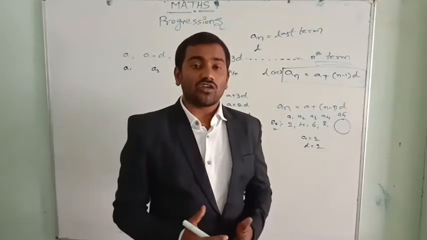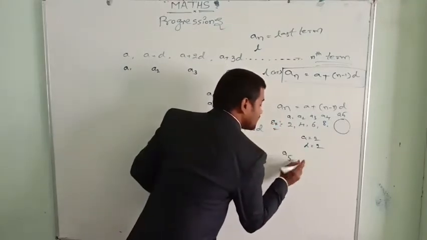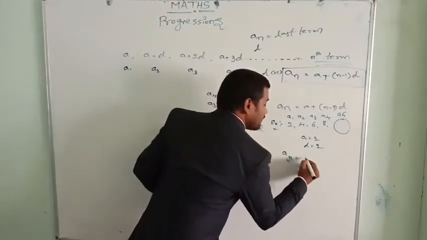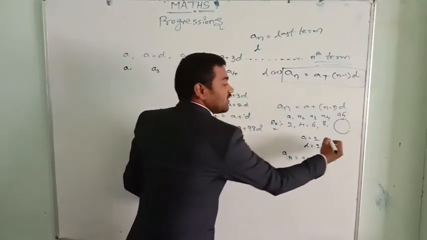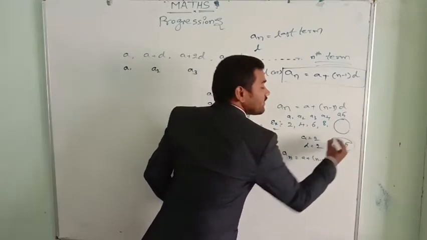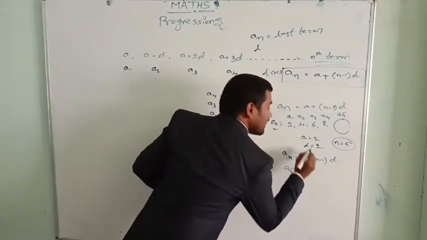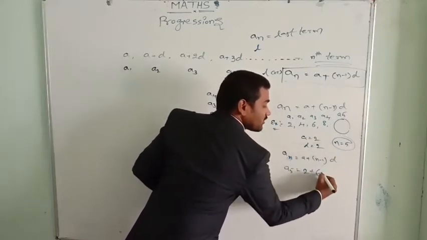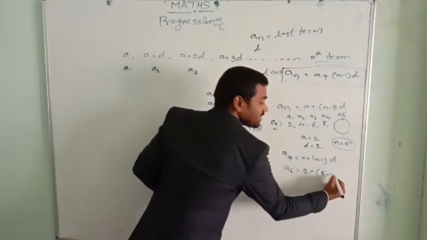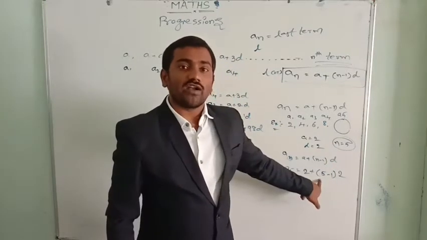How can I find the fifth term? By using this formula: an equals a plus n minus 1 into d. Here n is 5 because I need to find the fifth term.